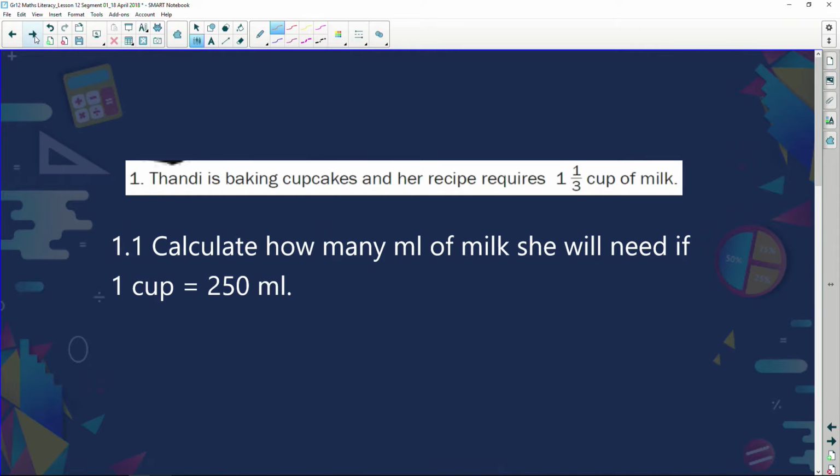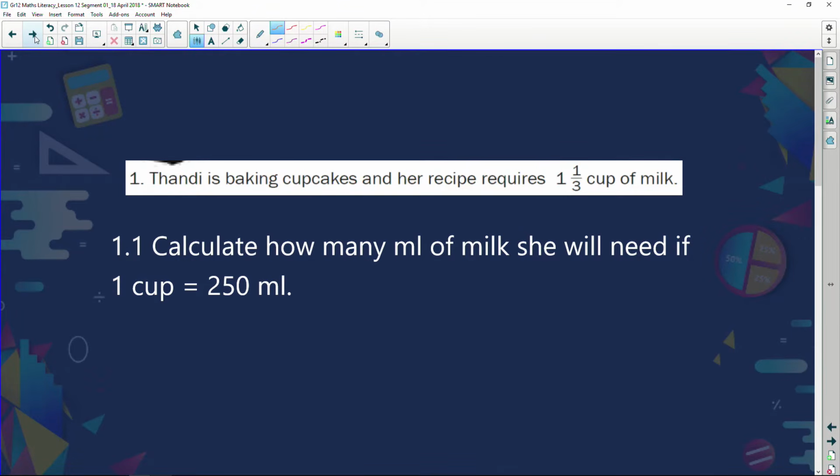All right, let's have a look at our first example. We're going to start off relatively easy, and then build to a phenomenal, tough question. Tundi is baking cupcakes, and her recipe requires 1 1/3 cups of milk. Calculate how many milliliters of milk she will need if 1 cup is 250 mils. So I've got 1 1/3, and I'm going to multiply that by 250 mils.